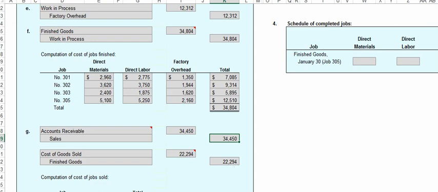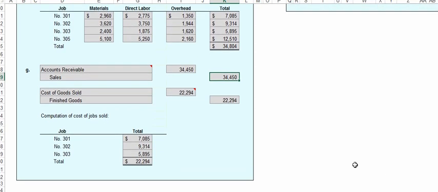We computed that in our little chart here, but really all we did was move down the total cost for the ones that were completed from our chart up above. And we transferred the cost into an expense account, cost of goods sold, and out of the asset account, finished goods.